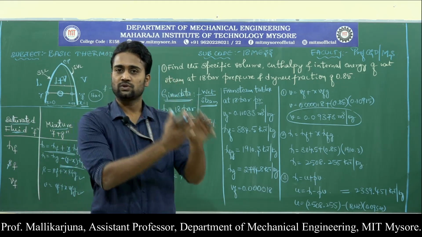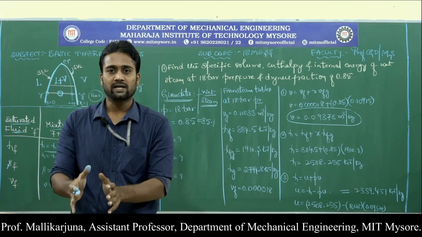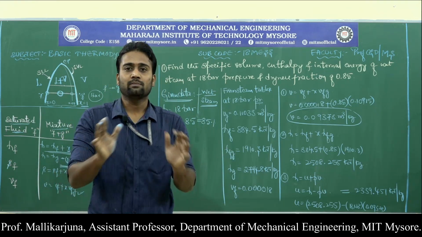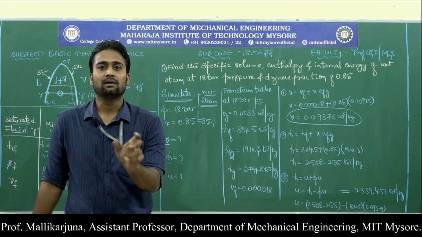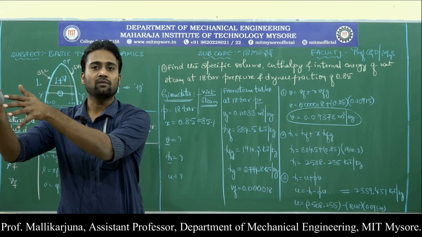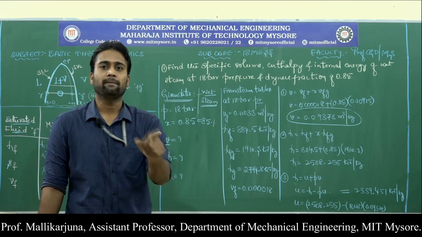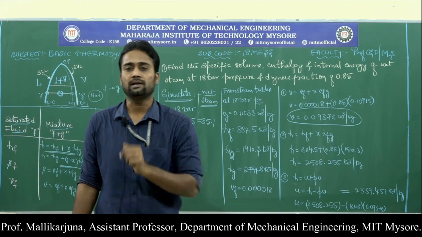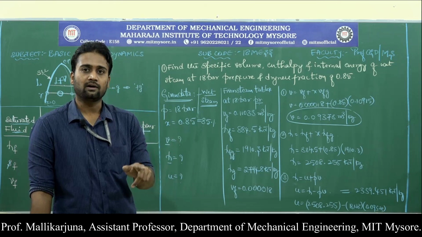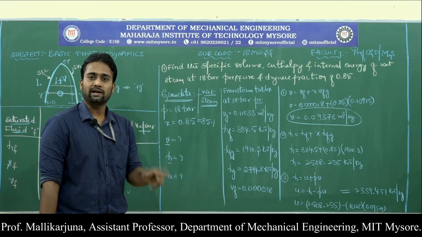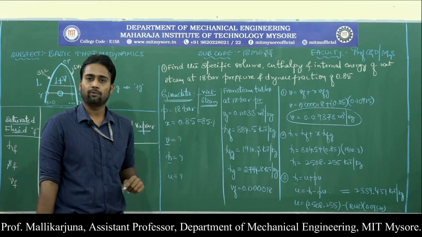X is 0, saturated liquid. X is 1, saturated vapor. X lying between 0 and 1 is nothing but wet steam. If x is greater than 1, then it is superheated steam. Please make sure what kind of steam you are dealing with. After getting confirmation of the kind of steam, you need to proceed with the problem.